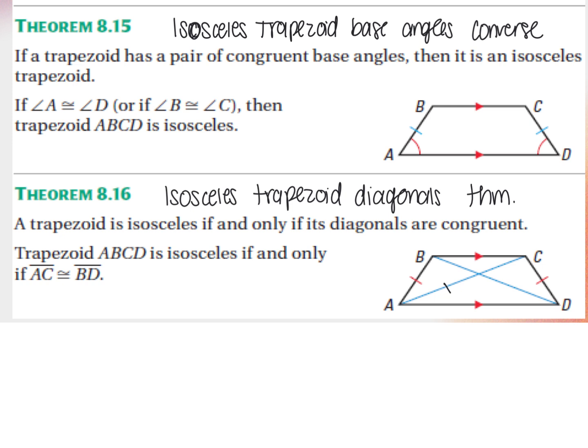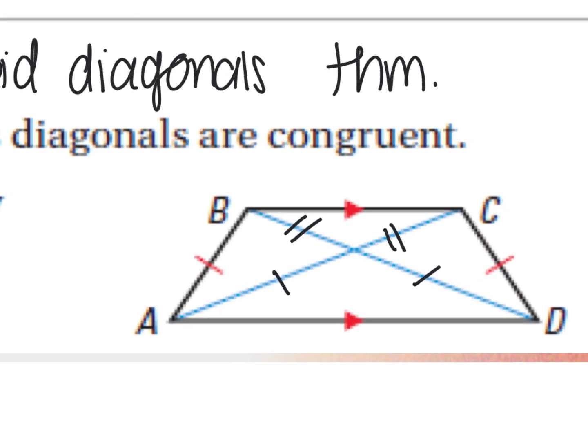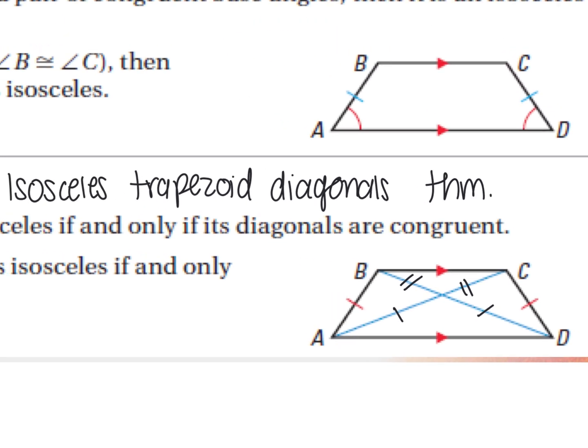And again, that means your diagonals are congruent. Pay attention to how I drew my congruent marks. Keep in mind it does not bisect and it's not perpendicular, so do not get that mixed up. Your diagonals are going to be congruent, and that's it.